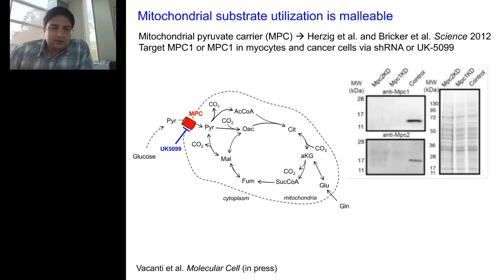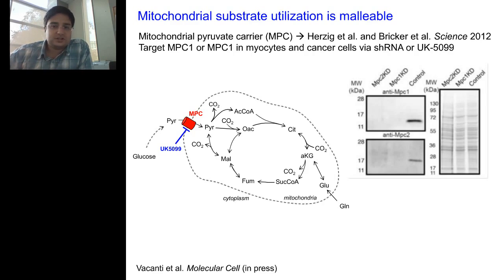Another example of a system demonstrating how flexible mitochondrial substrate utilization is comes from some recent work we've conducted in our own lab, where we've exploited this newly identified mitochondrial pyruvate carrier, which is the transporter through which pyruvate enters the mitochondria.